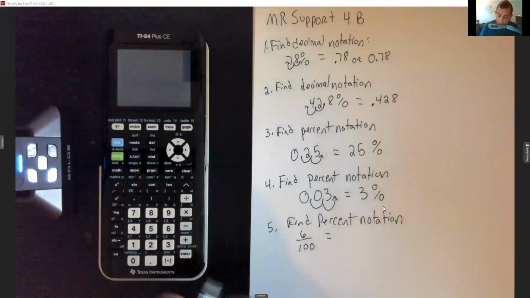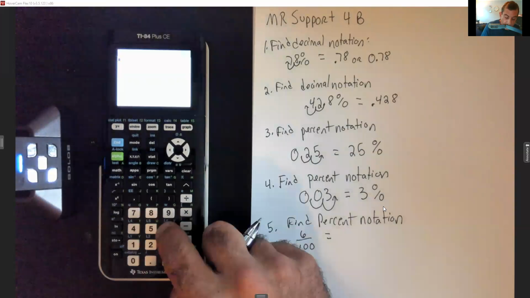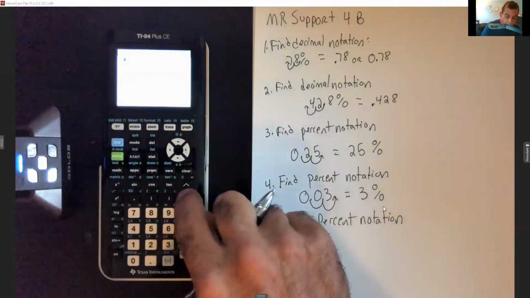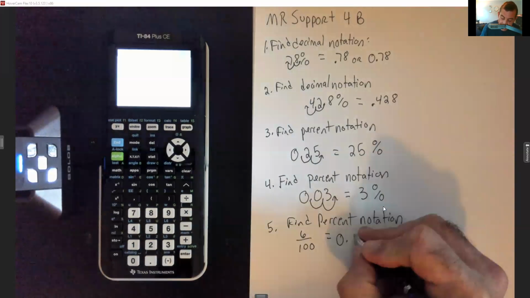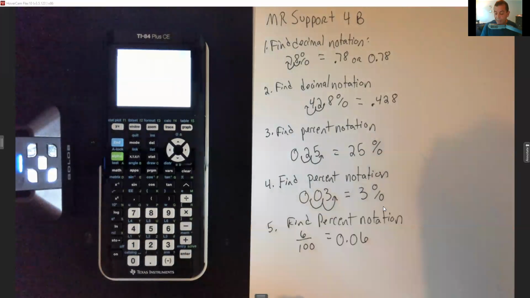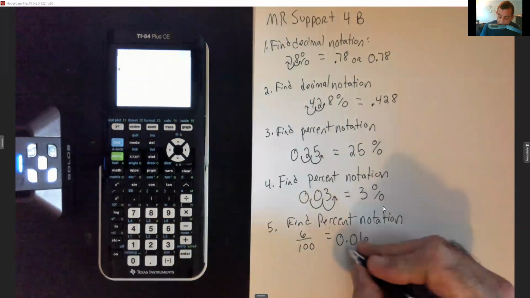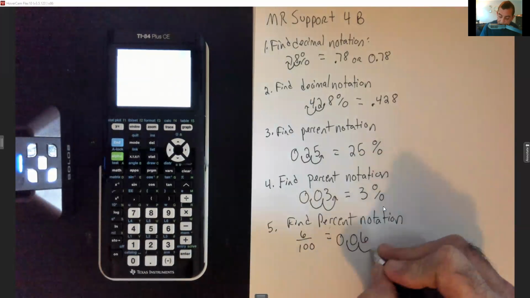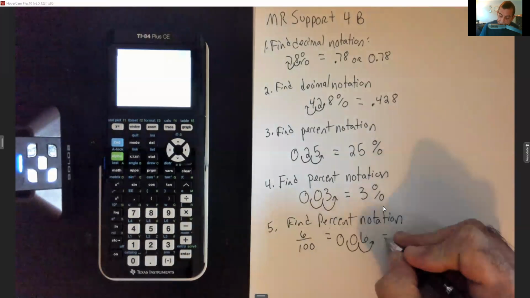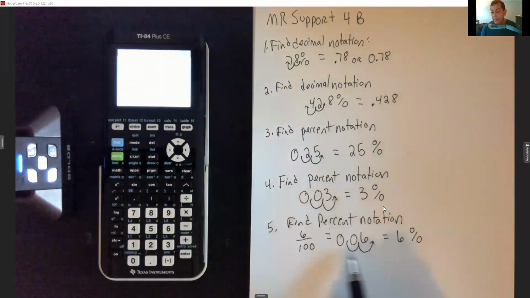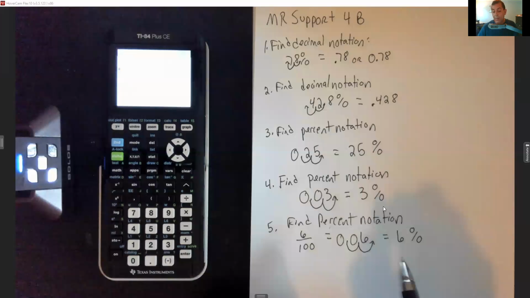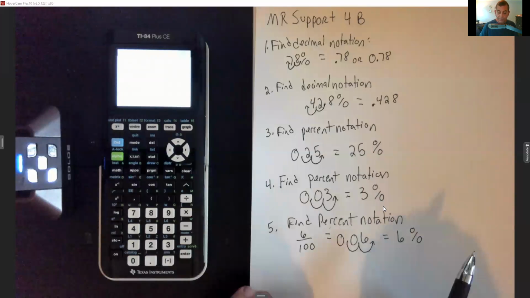So I'm going to go on my calculator and let that thing do my dividing. So I'm going to do 6 divided by 100. That's going to give me 0.06. But remember, I need to go to percent, so I need to move the decimal right twice. So that gives me a 6, and then add my percent. Once again, I didn't have to write them zeros that came before my 6, okay?